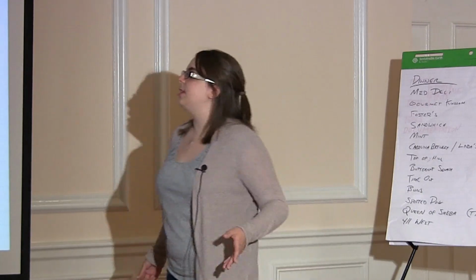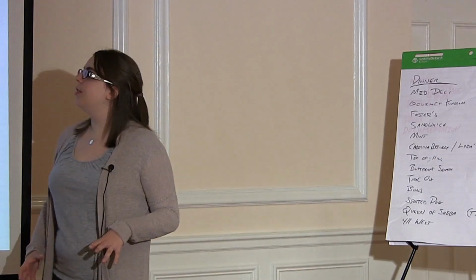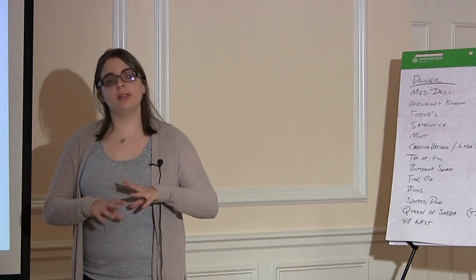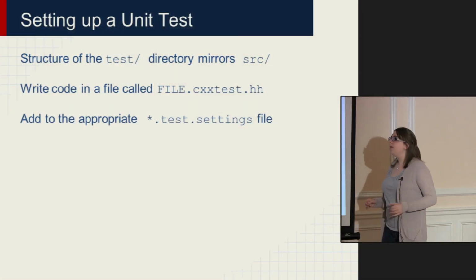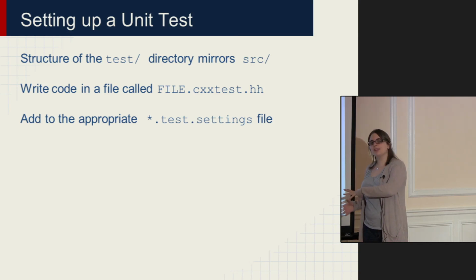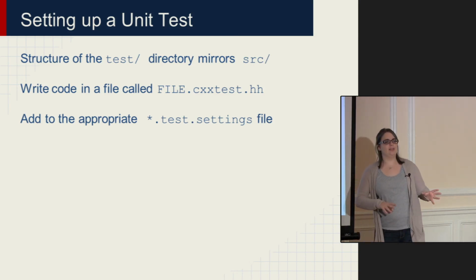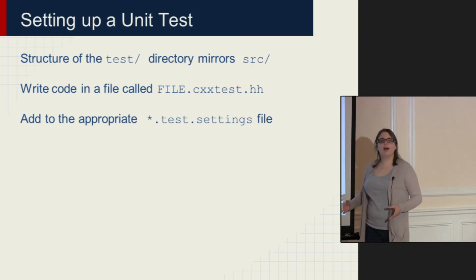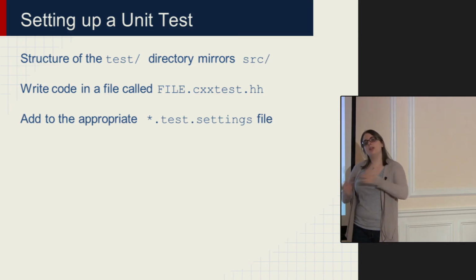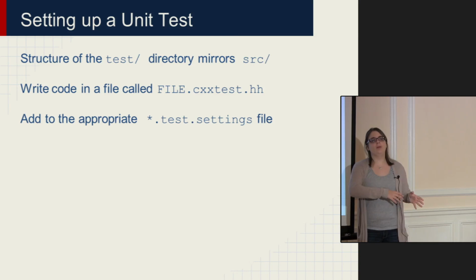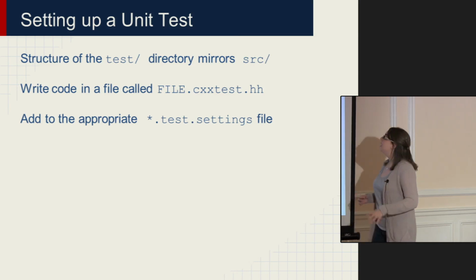So how do you set up a unit test? There's a really important similarity. You might have experienced this when you did the scavenger hunt. But the Rosetta source directory structure mirrors the test directory structure. That's on purpose. We want it so that if you have a test for a particular class, you define it in the mirroring location in the test directory.